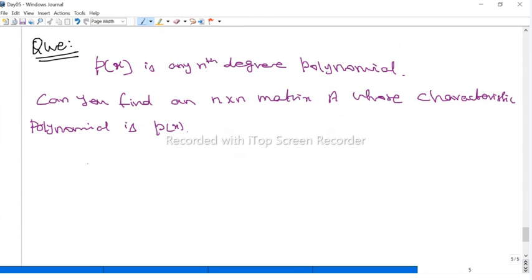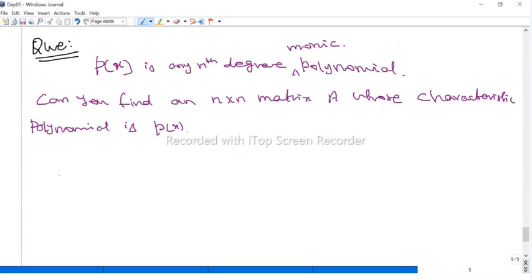I will give the proper one. Suppose we have a polynomial, any nth degree polynomial, but it should be monic. That is, the leading term should be 1.